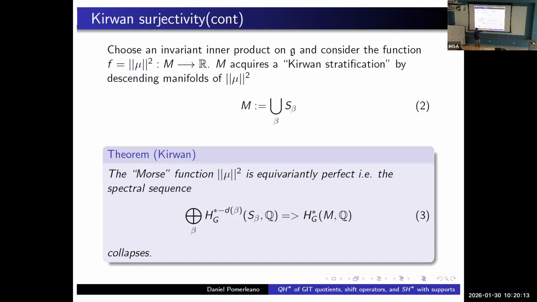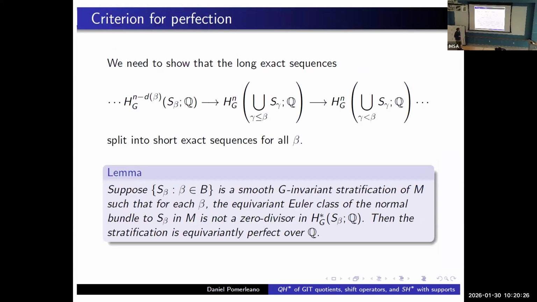Whenever you have this kind of stratification, you get a spectral sequence, and the claim is that in this case, the spectral sequence actually collapses. How does it work? You can think of the spectral sequence as concretely coming with the cohomology of the pair associated to introducing the strata one at a time.